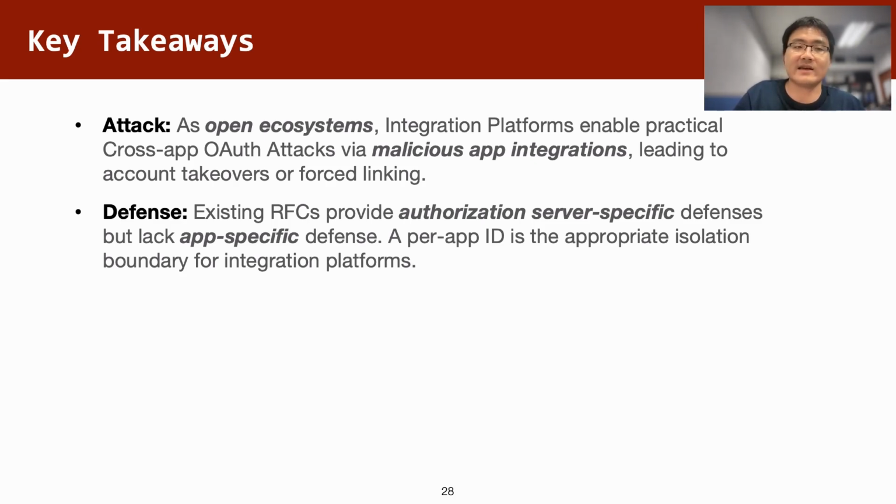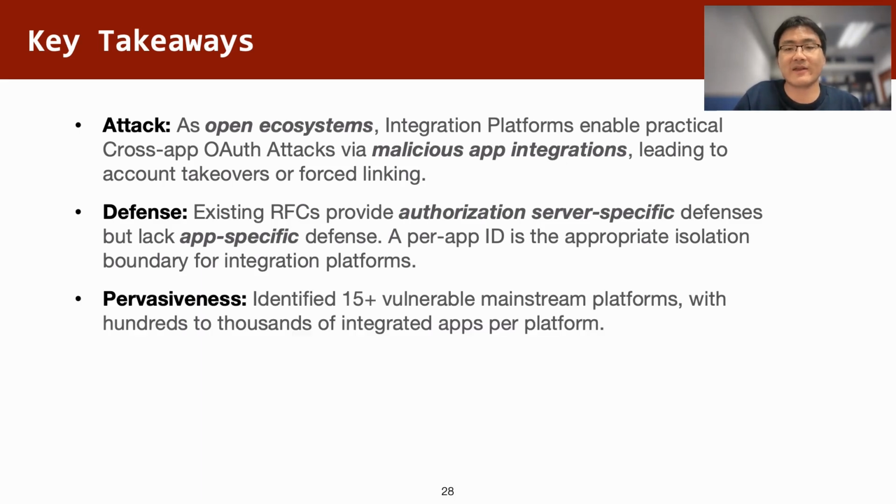Secondly, existing RFCs provide authorization server-specific issuer-based defense, but the defense lacks an app-specific perspective, which is a tailored security boundary for multi-app integrations. And third, with more than 15 mainstream platforms identified as vulnerable, and each hosting hundreds or thousands of apps, our attacks achieved pervasive impact across the internet.